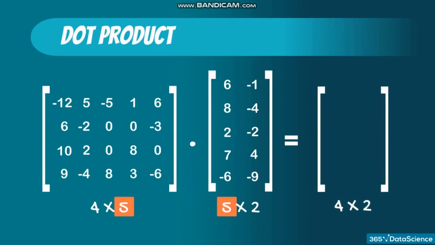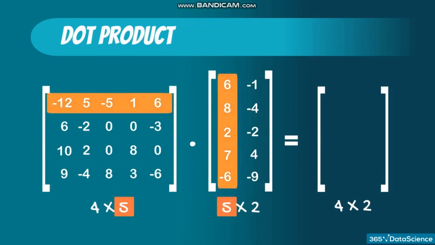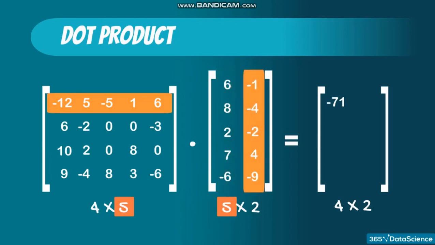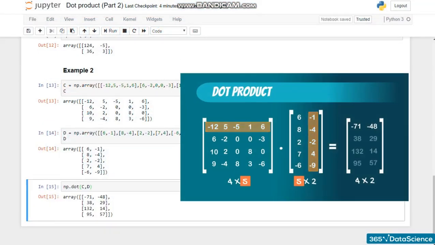Next, let's divide the first matrix into row vectors and the second matrix into column vectors. There is a total of 4 row vectors and 2 column vectors. In order to start multiplying, we must find the dot product of the first row vector and the first column vector. The result we get is minus 71. Next, we multiply the first row vector with the second column vector. We get minus 48. We continue in the known way until we fill the product matrix.